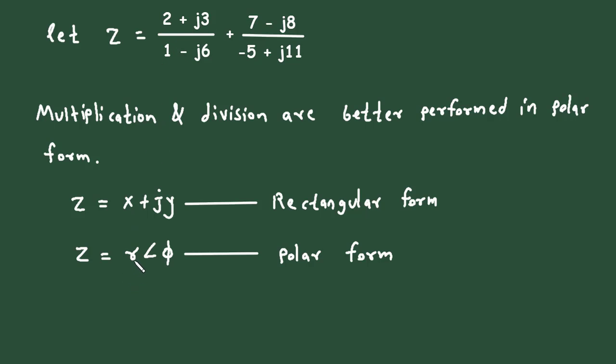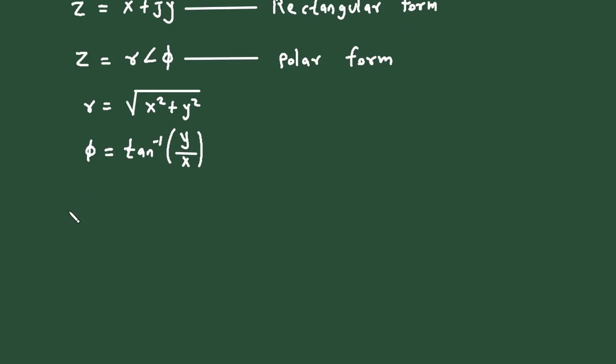That means we need r, and r is equal to under root of x square plus y square, and this phi is equal to tan inverse of y by x. So here 2 plus j3 is given.